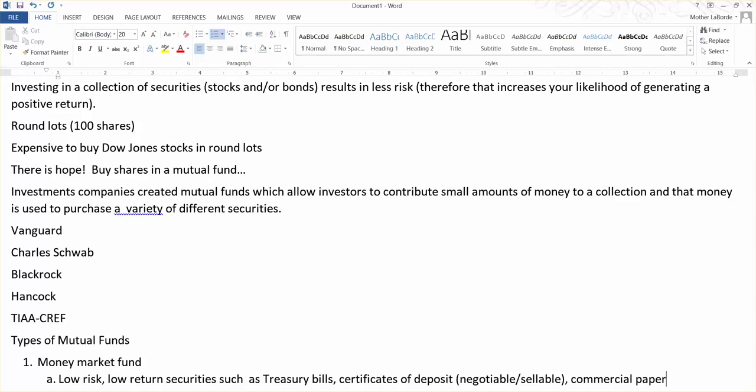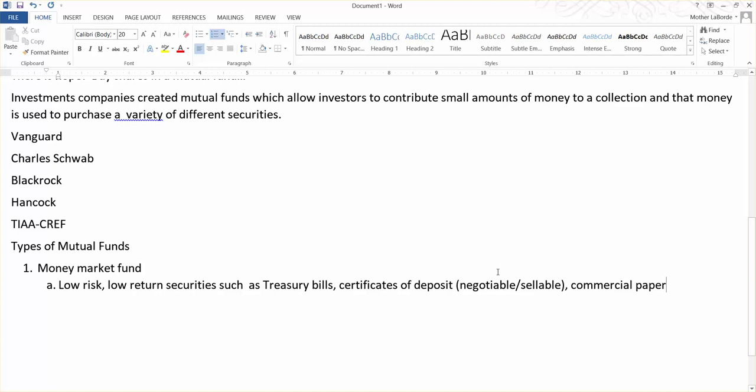Smaller companies that are not financially sound don't tend to issue commercial paper. So commercial paper as an investment is fairly low risk. It also has a very high denomination, like $1 million. That's the least amount you can put into commercial paper. So again, you and I as individuals won't be buying commercial paper because it's got too high of a denomination.